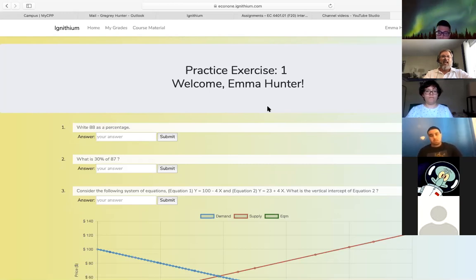Okay. The only reason I set the feedback to show the calculations was because I've had students in the past say, and it's kind of hard because Ignithium is random. There are so many different possible versions of the questions, not even 100, more like 10,000 different versions that could be displayed.